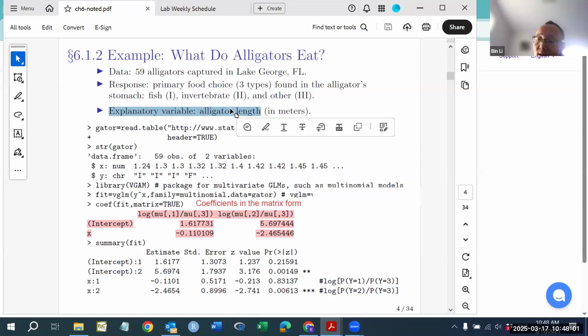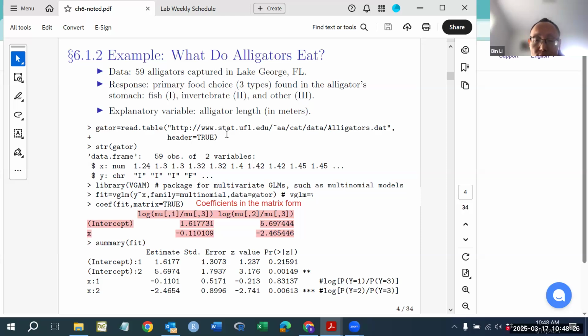If the alligator is older, of course the size will be bigger. So we will see if the size or the age will change the food choice for the alligators. So that's the motivation for this study.